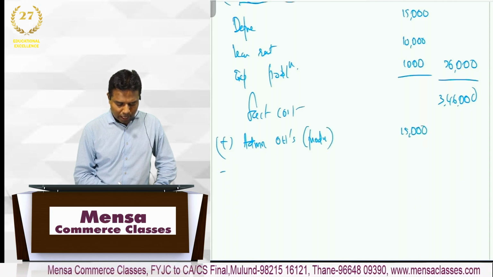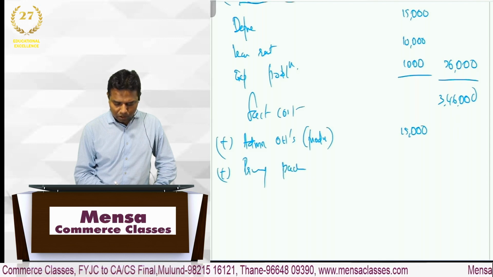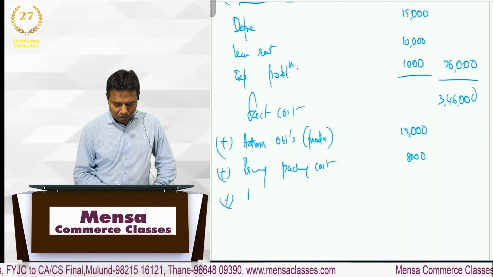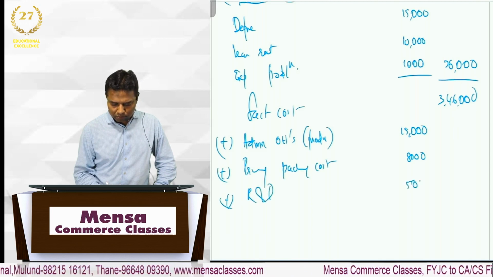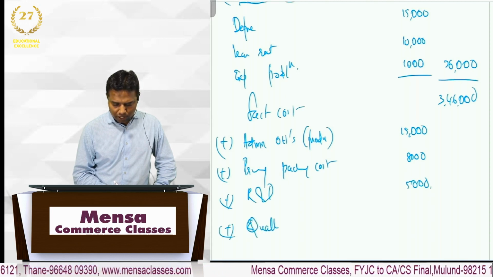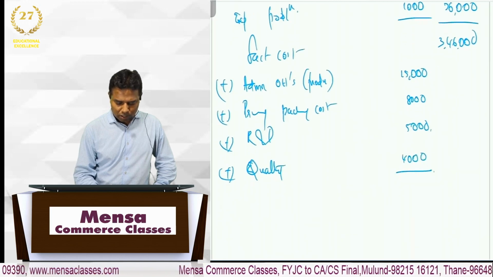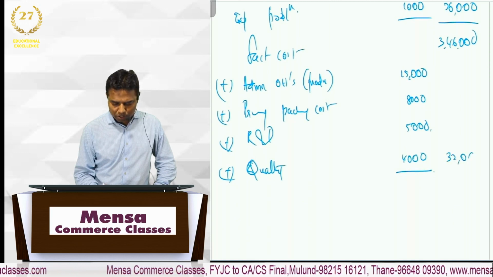Then you can add the primary packing cost, that is 8,000. Then research and development cost for production related was 5,000. Then expense for quality control, so quality control expense was 4,000, right? So this will come to 13, then 28, 32,000.